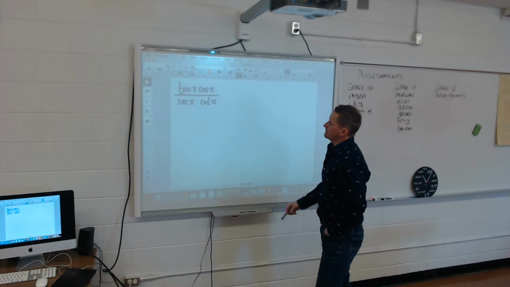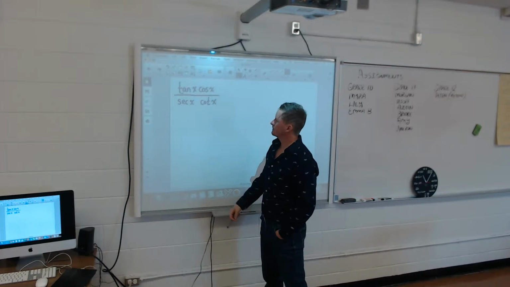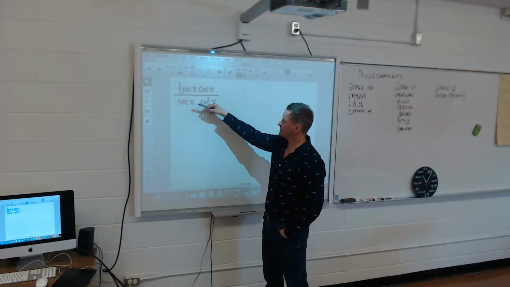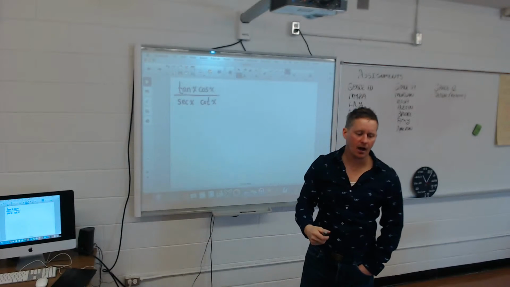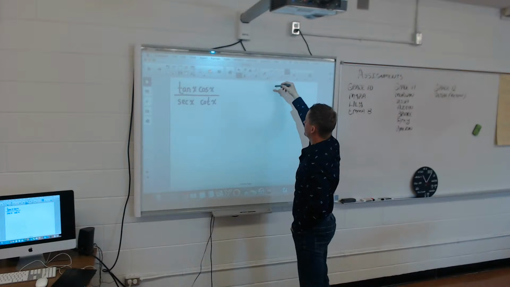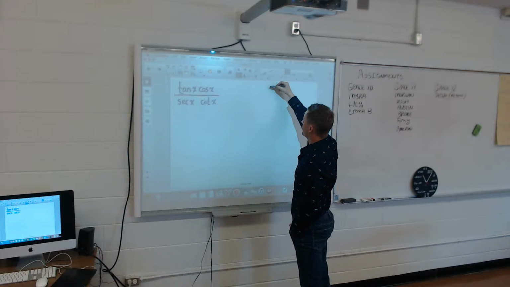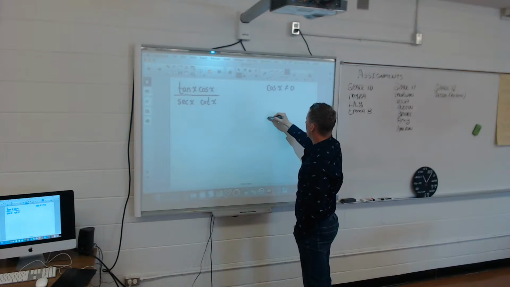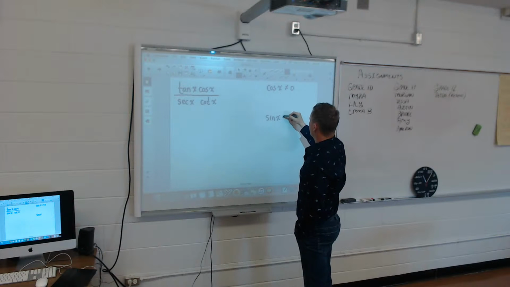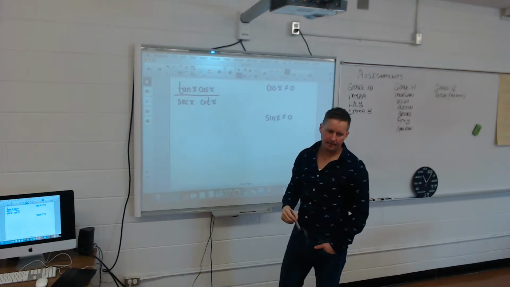Well, tan x is sine over cos. This is 1 over cos, and cotangent is cos over sine. So the denominators in all of this, the long and short of it is this. Cos x can't equal 0. Sine x cannot equal 0.